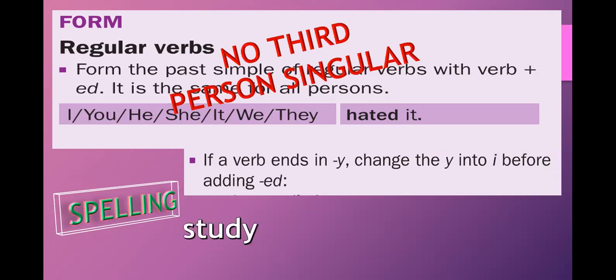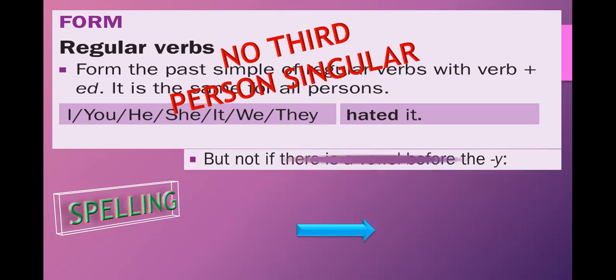For example, study, that's ending in a Y, changes to studied, with the last bit being spelled IED. The Y was substituted for an I. But don't do this if there is a vowel before the Y. Now remember, a vowel is A, E, I, O, U.